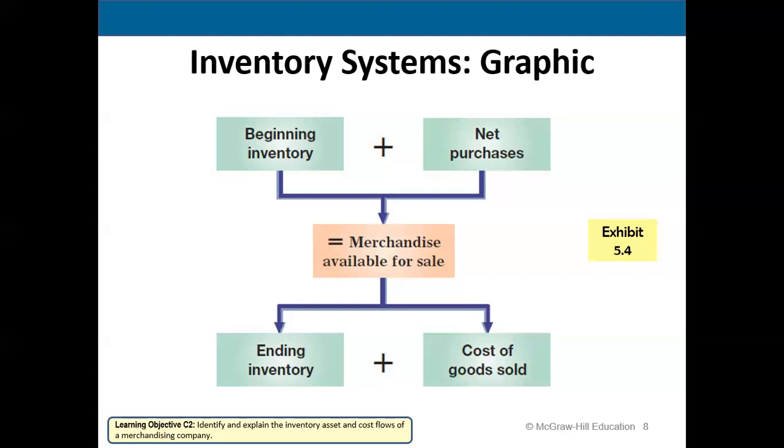And so I would just take the merchandise available for sale minus the ending inventory, and that would tell me the cost of goods sold. So again, just recognize this, that beginning inventory plus net purchases equals merchandise available for sale, and merchandise available for sale equals ending inventory plus cost of goods sold.